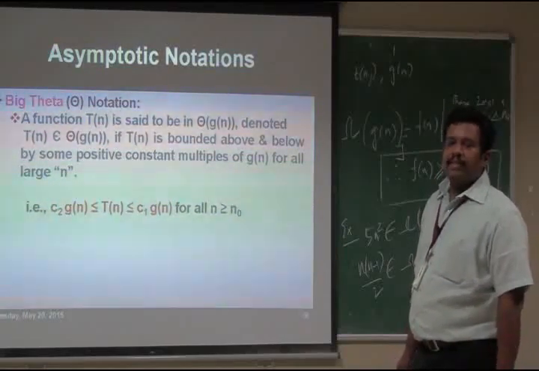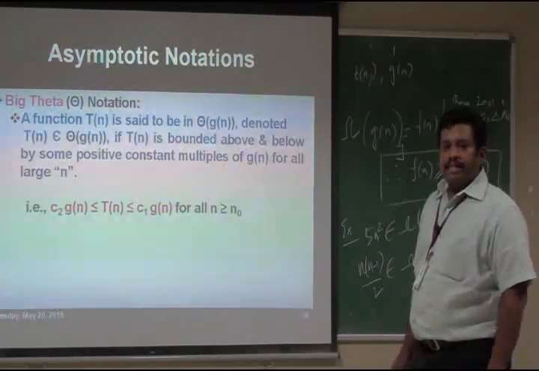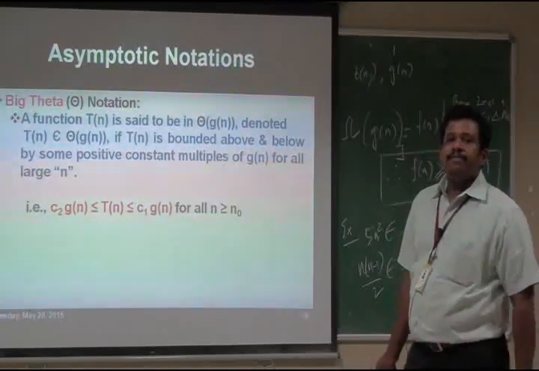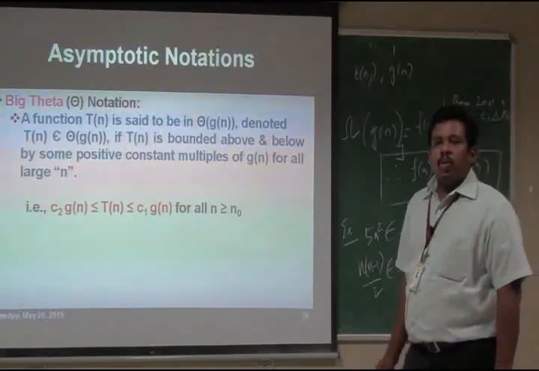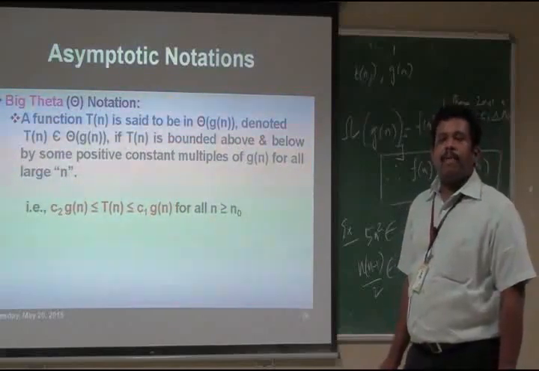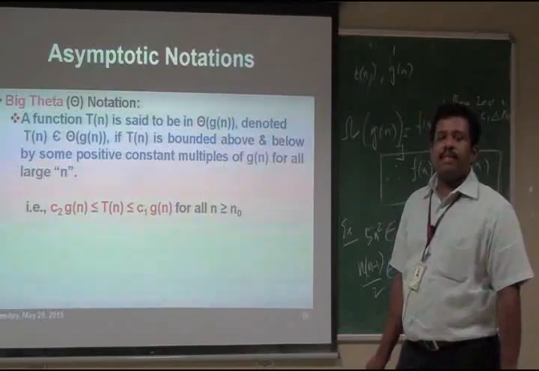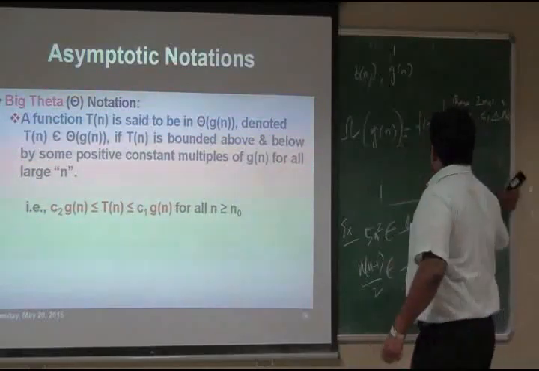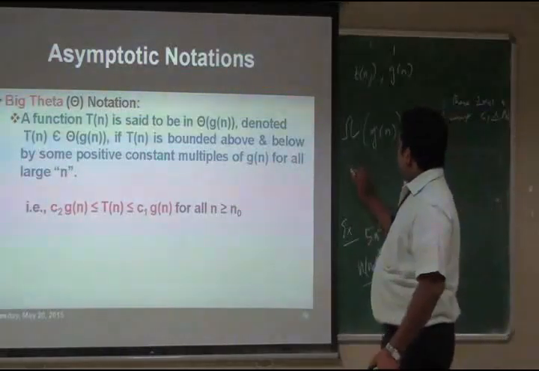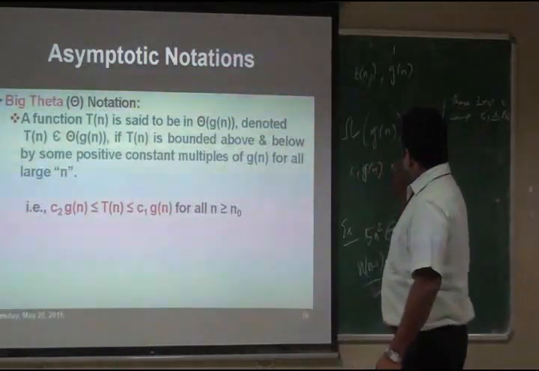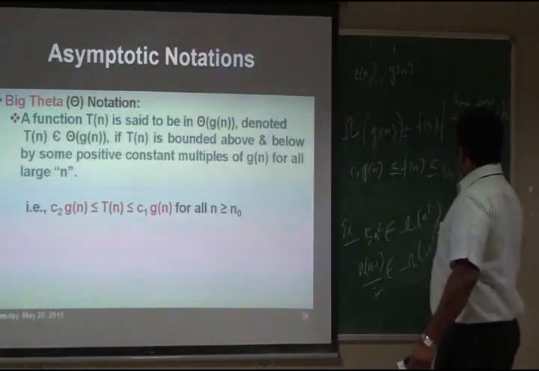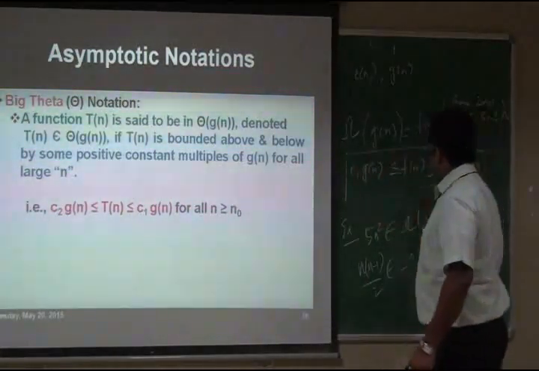If you want to say t of n is in big theta of g of n, there will be two constants here. One represents the upper bound of resources and the other represents the lower bound of resources. Thereby the functions can be written as c1 of g of n, so there exist two constants here.